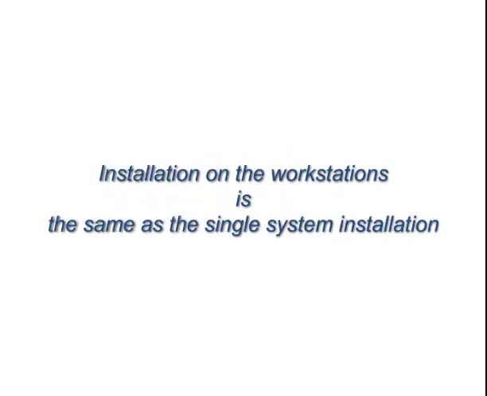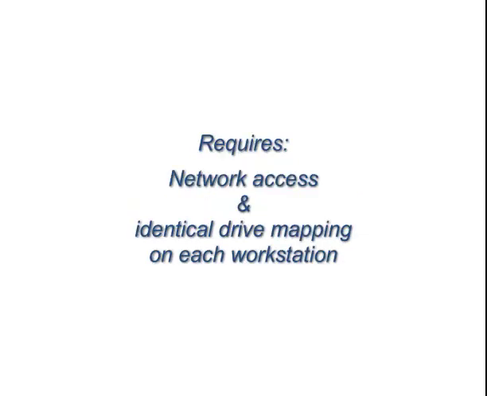The installation process on the workstation is essentially the same as a single system installation, except that when BIS is launched and the prompt appears asking where you would like to place the control folder, you will either type or browse and select the path on the network where the control folder is to reside, and eventually where the data will reside.